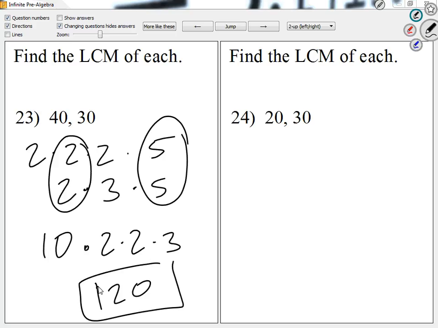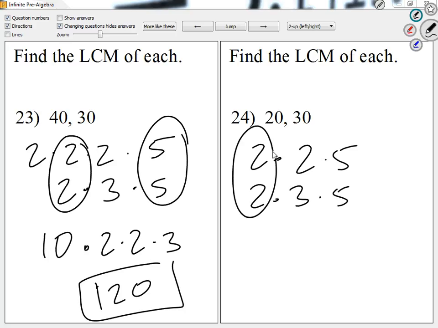24? All right, looking at number 24, the prime factorization of 20, I want to get that as 2 times 2 times 5. Prime factorization of 30 is 2 times 3 times 5. My greatest common factor is 10. So I find my greatest common factor multiplied by everything else, basically what we were not able to get in a group.